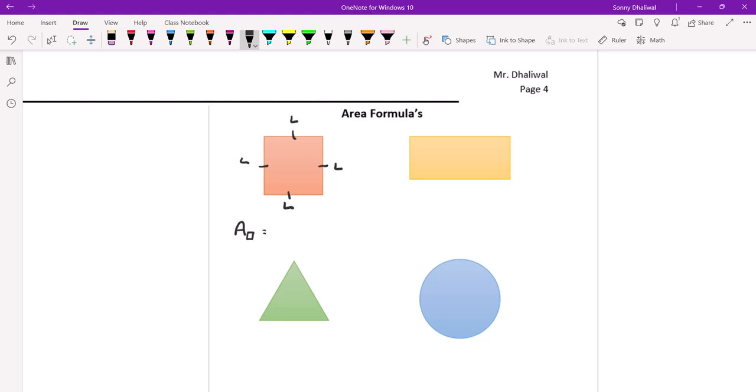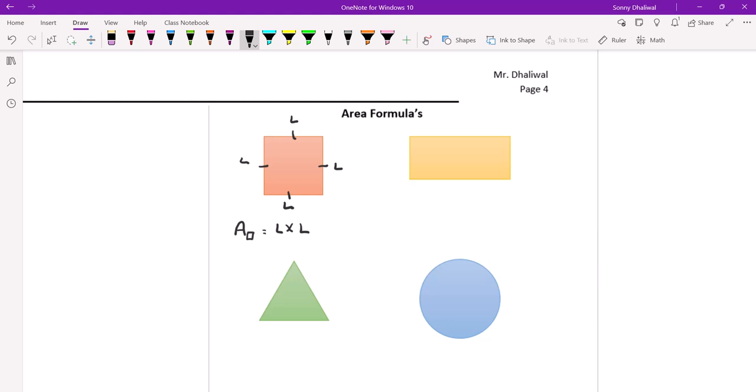Width times length. Oh, length times length. Or side times side. Or width times width. You've never done multiplying those two together, huh? I've never done that. Yes, we did. We never did length times length. We did length times width. Yeah. No. That one is when we use for the rectangle.